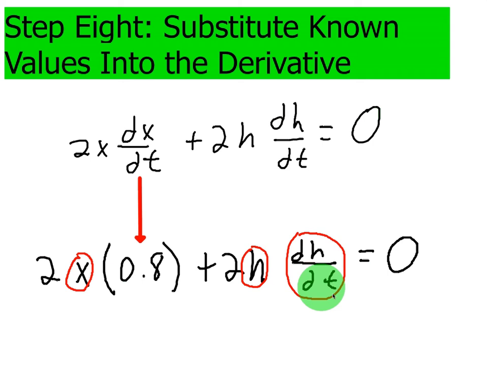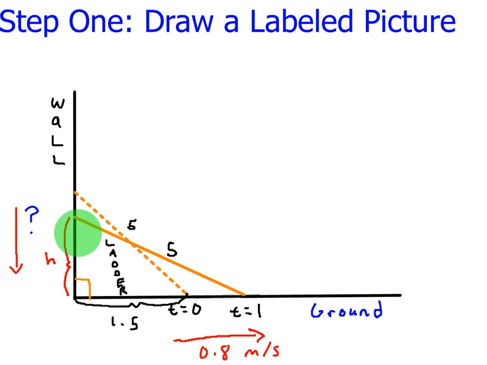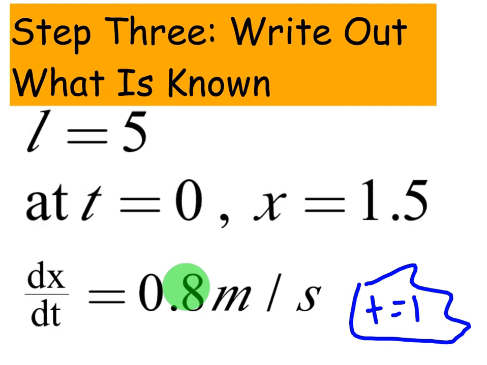We're trying to solve for dh/dt, so this leads us to why we need some more steps. We need to figure out x and h as well before we can solve for dh/dt. I want to give you a bit of optimism here. Even though for step 3 we don't necessarily know what x and h are, you might say, why can't we just plug in 1.5? Well, that's at t equals 0.